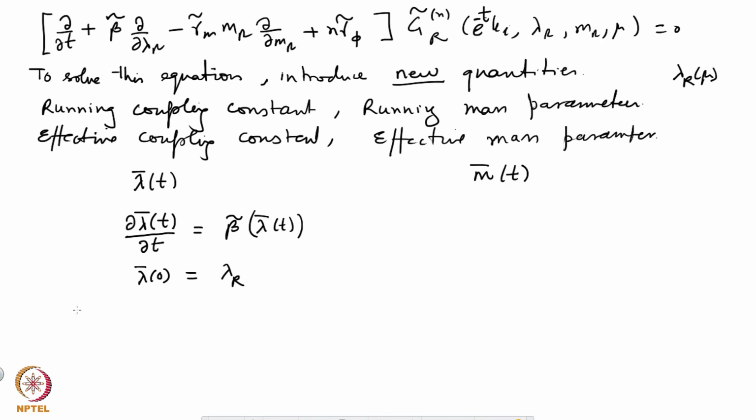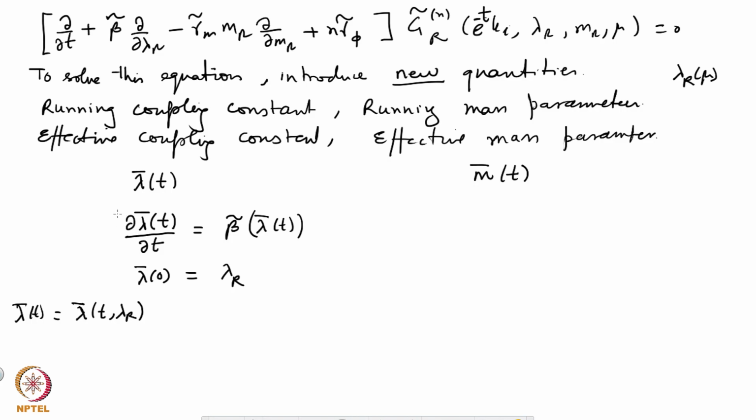So you see that when you solve it, you will get lambda bar of t, and the solution will contain lambda r, whatever lambda r you have chosen. So I'm making that dependence explicit here now. So lambda bar of t, lambda r. This is what is your lambda bar of t. I've just used the fact that lambda r will enter the solution of lambda bar, so I'm just indicating that by making it a part of the argument.